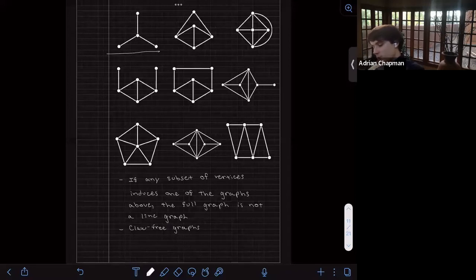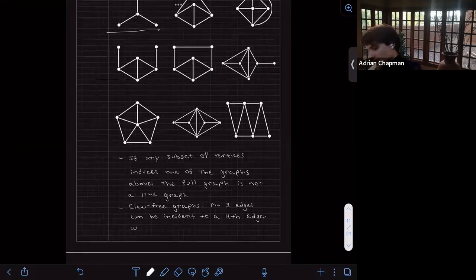But what this is reflecting is the fact that no three edges can be incident to a fourth edge without at least two of them being incident to each other.